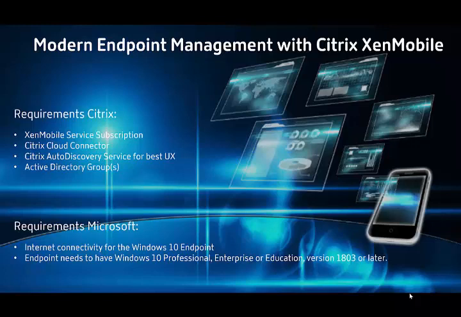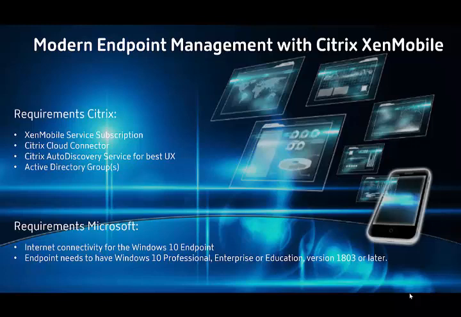From a Microsoft perspective, you need internet connectivity for your Windows 10 endpoint, and your endpoint needs to have Windows 10 Professional, Enterprise, or Education, with version 1803 or later.